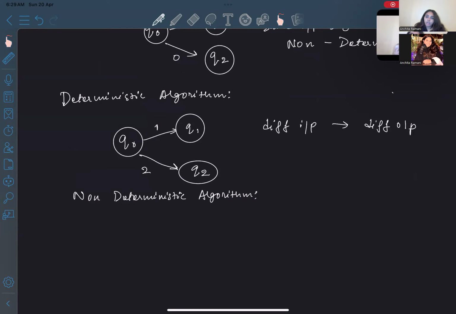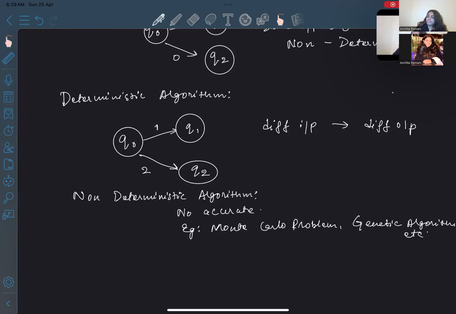Only approximate solutions can be given, not accurate solutions, okay? For example, we have the Monte Carlo algorithm, or there is one more very famous one, known as the genetic algorithm. And there are many more of these.